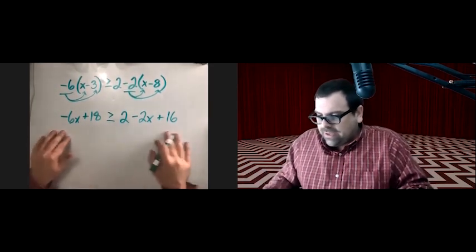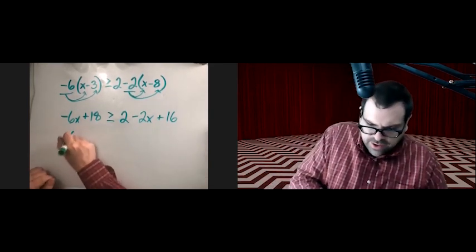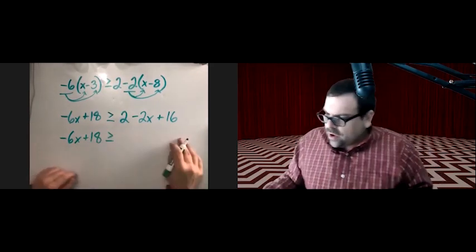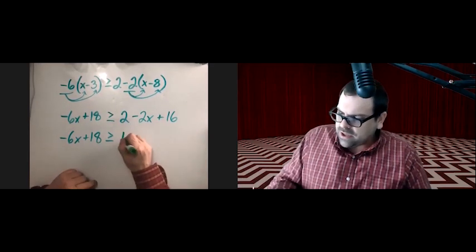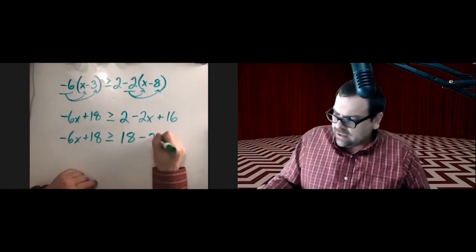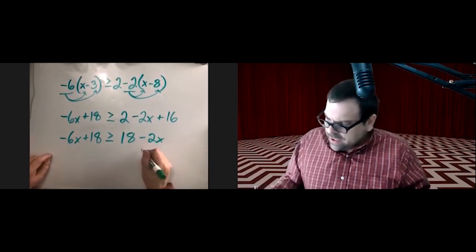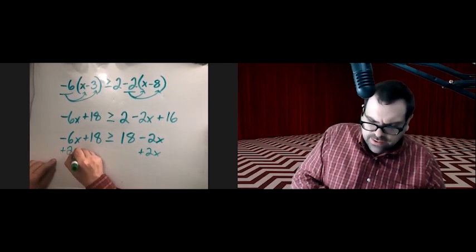Simplify by combining like terms on both sides. Nothing to combine on the left. On the right, positive 2 plus 16 is positive 18 minus 2x. I'm going to go ahead and add the 2x to both sides.